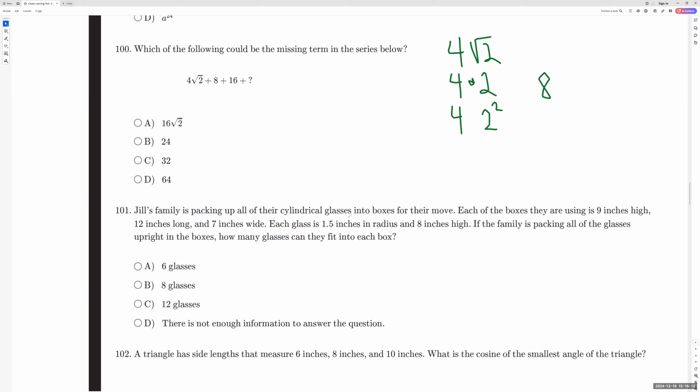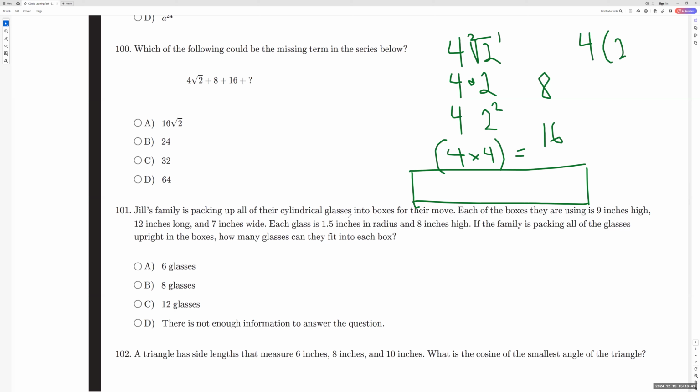That means 4 times 4, which is 16. So what's the next number in my series? Okay, so I see that I go from the square root of 2, and I can explain this later. The square root of 2 is 2 to the 1/2, because there's an invisible 1 and an invisible 2 in the index there. So this is 4 times 2 to the 1/2.